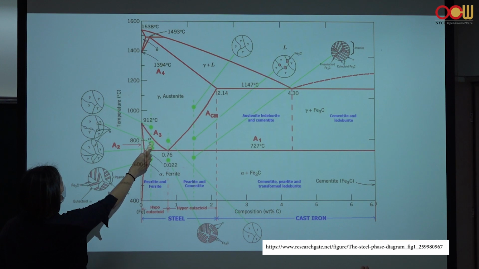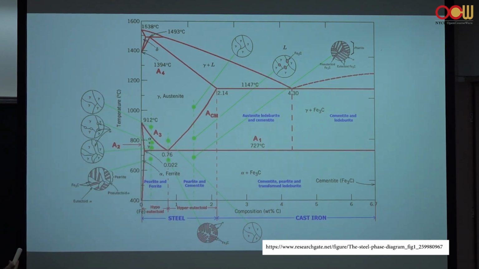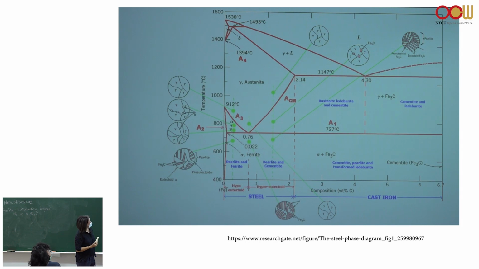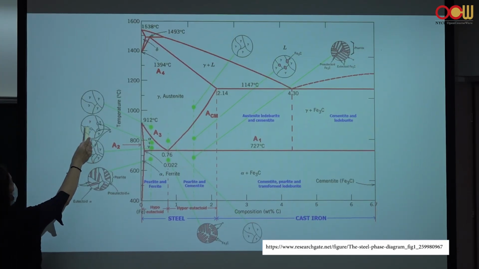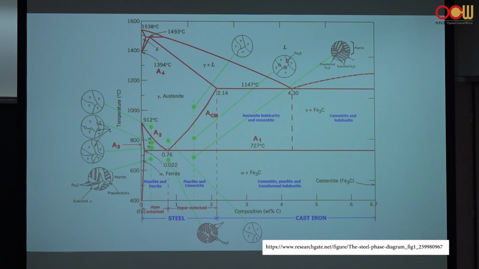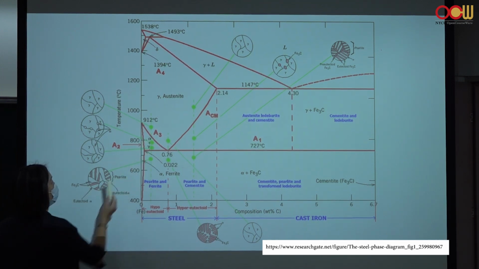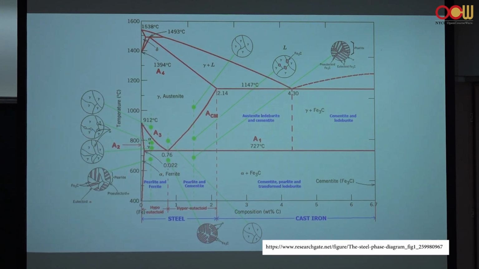You lower the temperature to this point here, and you start to see alpha phase, the ferrite phase, start to form out of the austenite. So you get austenite, and then these little particles are the ferrite. They start to come out because you're in the region where you have both ferrite and austenite.